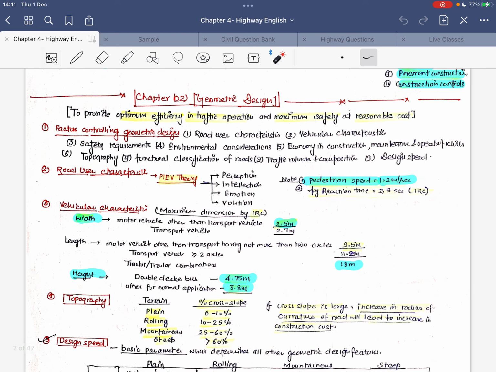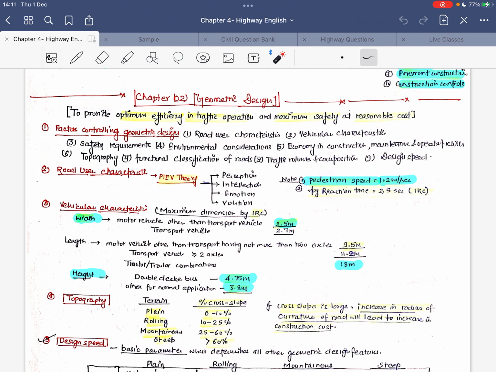Basically we design the highways in order to have optimum efficiency in traffic operation and to achieve maximum safety at a reasonable cost. Let's discuss the factors which control the geometric design.